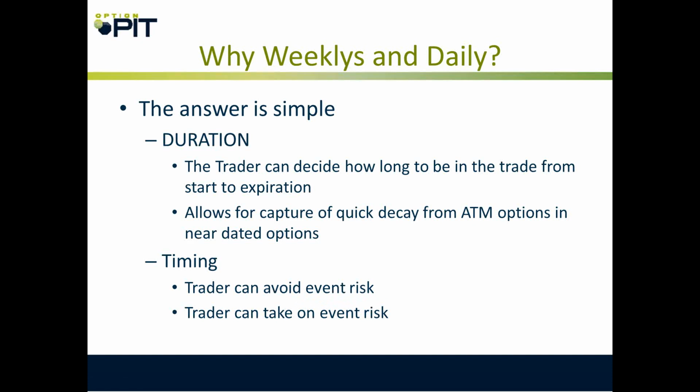In SPY, I could have bought options that expired on Wednesday, so I didn't have to deal with non-farm payrolls. So you get to set your timing and then use that timing to avoid or take on risk.